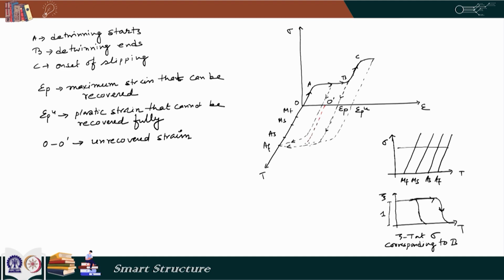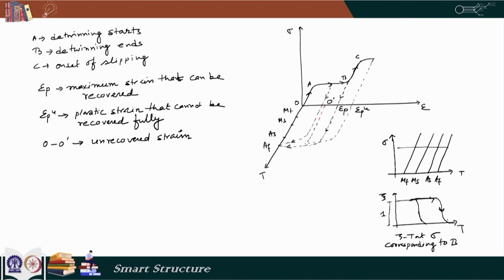So, starting from B, if I increase the temperature, the material becomes austenite, and once the material becomes austenite, its elastic modulus increases. Austenite phase has higher elastic modulus than the martensite phase. So, the slope of the stress strain diagram here increases. So, the strain value changes because the stress remains the same, but the Young's modulus increases. So, the strain reduces.